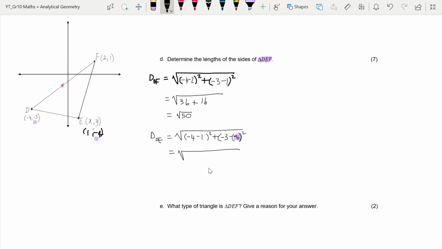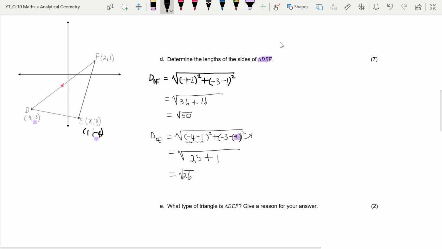If we simplify that, that would be 25 because inside the bracket I get negative 5, and if I square that, it gives me 25. And inside this bracket, I'm going to get negative 3 and plus 4. So that would give me 1, and if I square that, it would just be 1. So the length of DE is the square root of 26. I'm just leaving them in surd form.